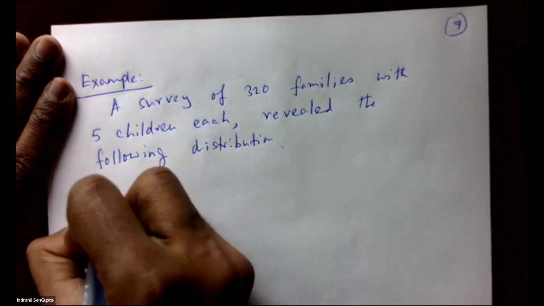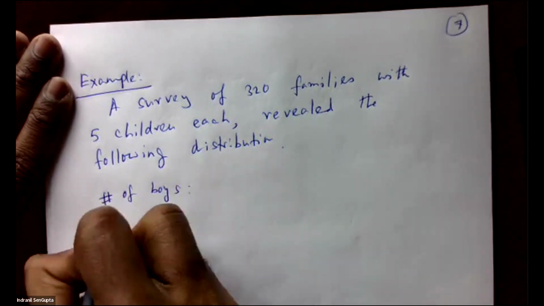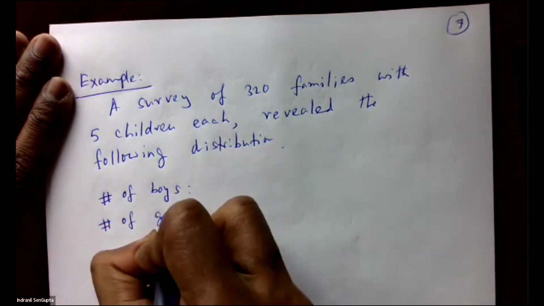What is the distribution? So number of boys, number of girls, and number of families. Okay. For 14 families, there are 5 boys and no girl.